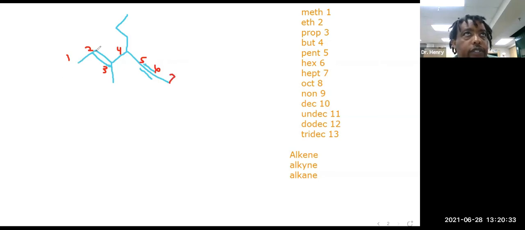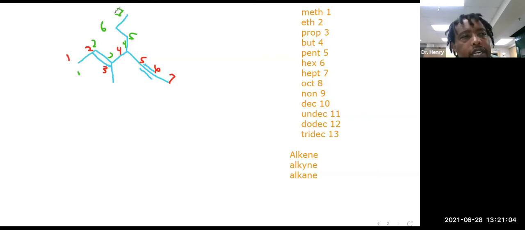So these guys are both 7. If I go this way, and we'll use the orange. Can you guys distinguish between the, let's use green, 1, 2, 3, 4, 5, 6, 7. They're both 7, right?